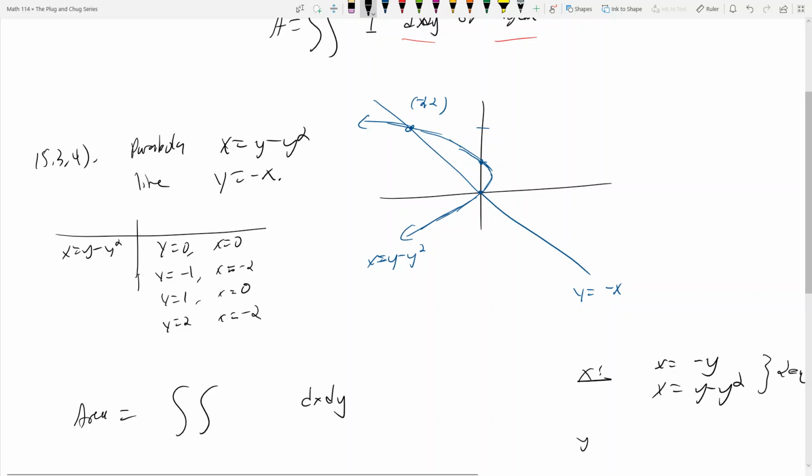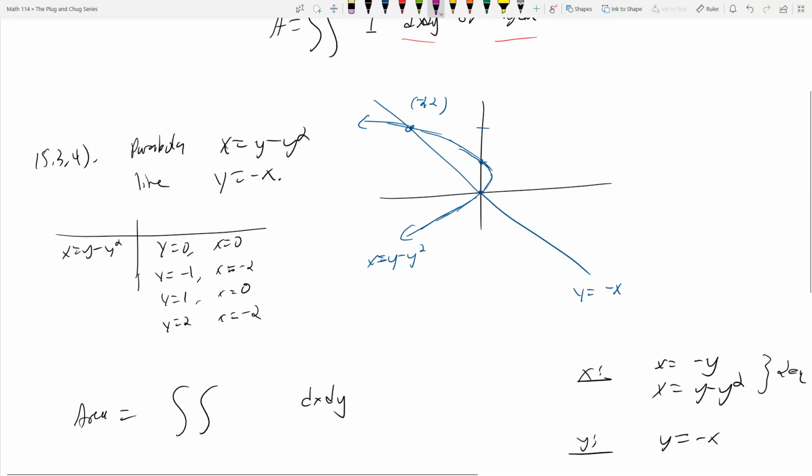But if I do y, I have y equals negative x, and when I try to solve the parabola for y, that's a huge pain. I'm not even sure what you would use for y there.